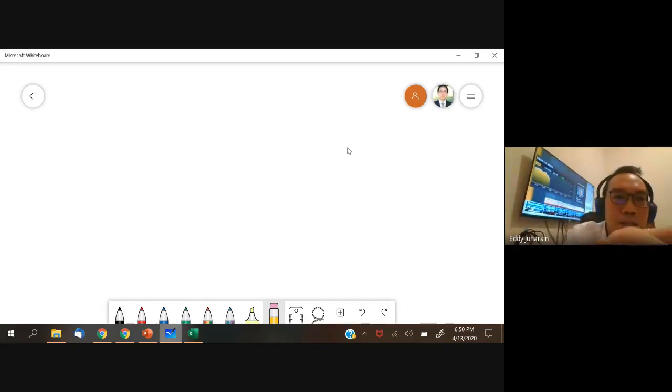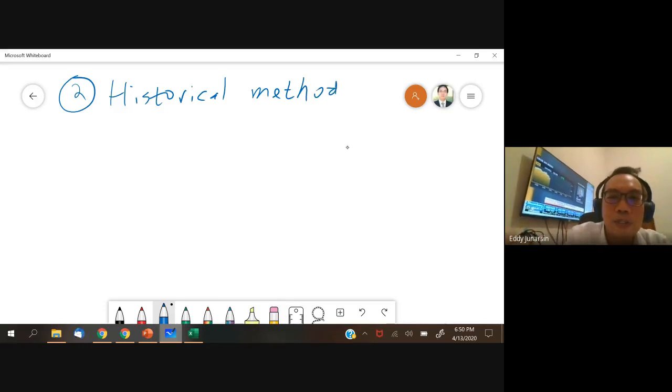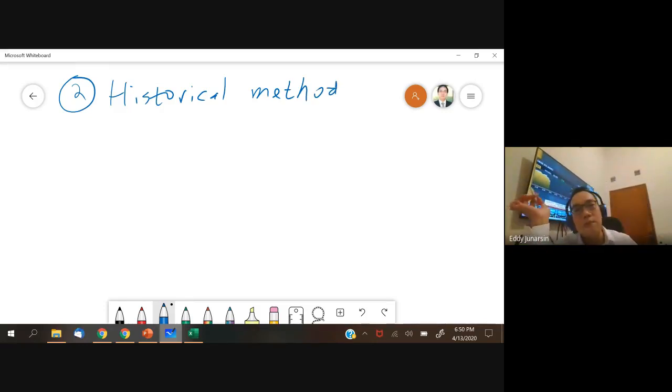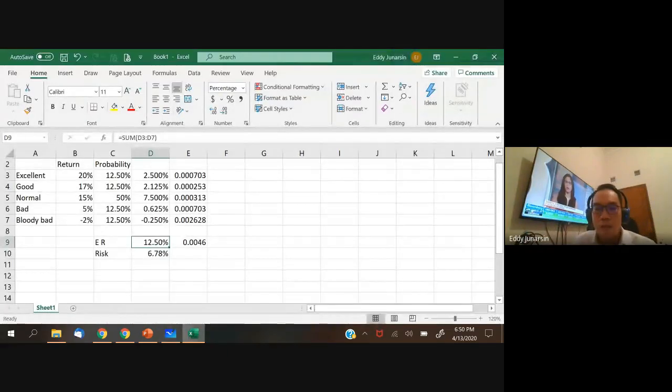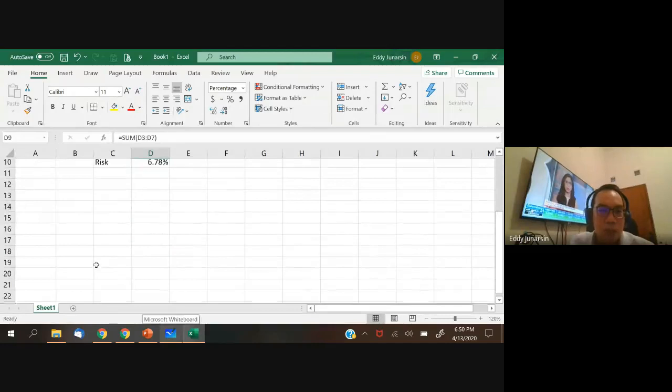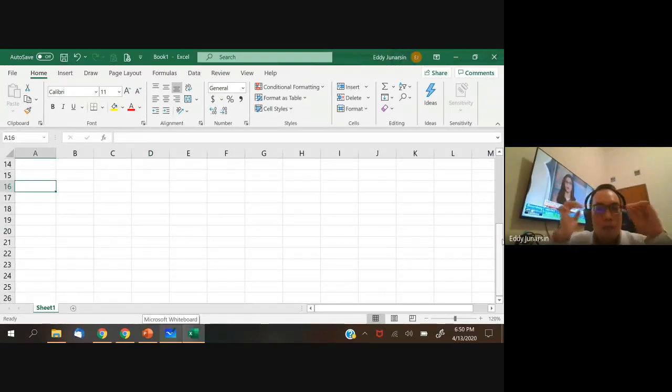So the historical method now. So again, the first approach was the scenario analysis, now our historical method. So in the historical method, again, we don't build any scenario, but we need to collect our historical data. So let's assume that we have the previous 12-month returns, right? And so we mentioned random numbers.